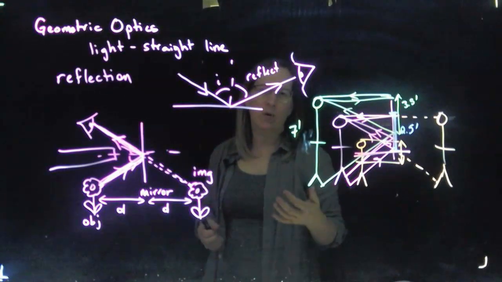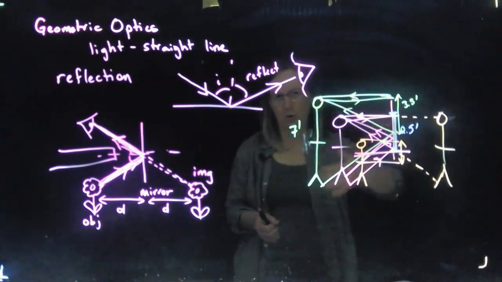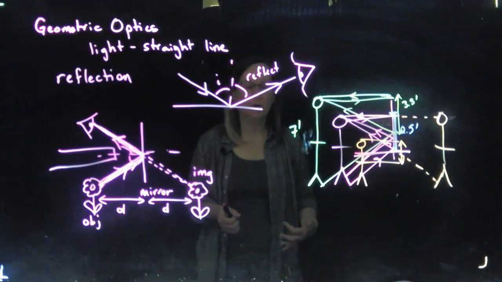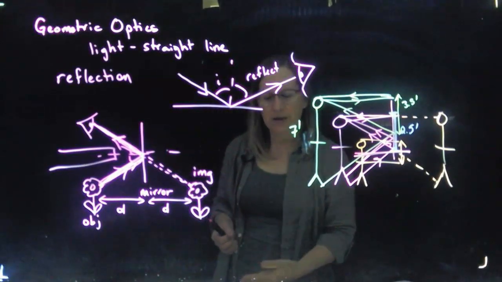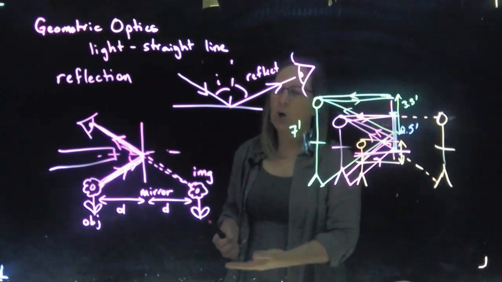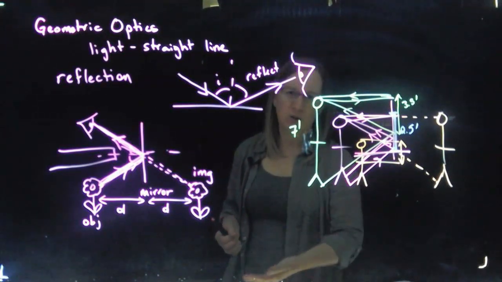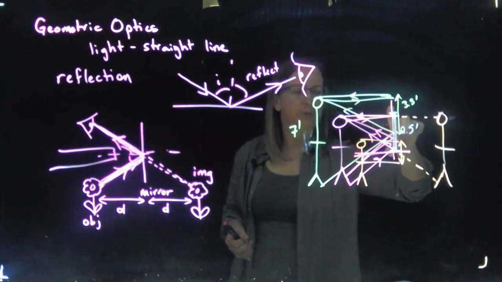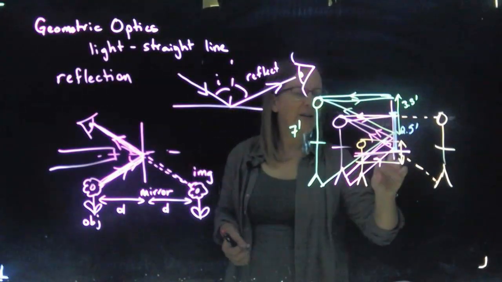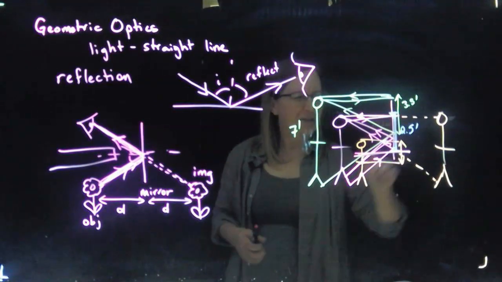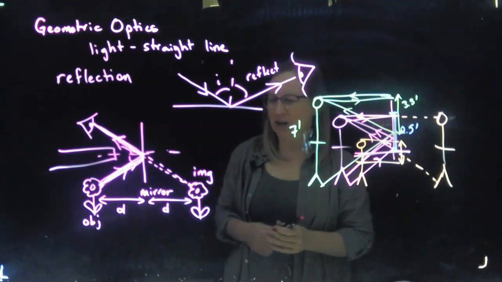And that's why we sometimes have mirrors and then we back up to try to see more of ourselves. It's because the light is reflecting off of whatever it is, but then getting caught by whatever is down below, the dresser or the sink down below. So for a good full-length mirror, you just need it to be half your height, but people come in lots of different sizes, so we need the full length.